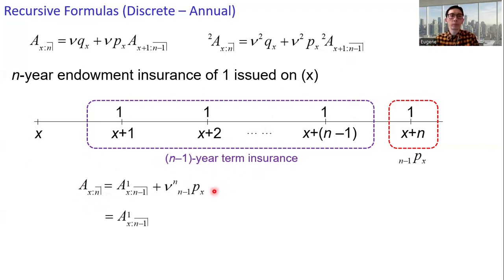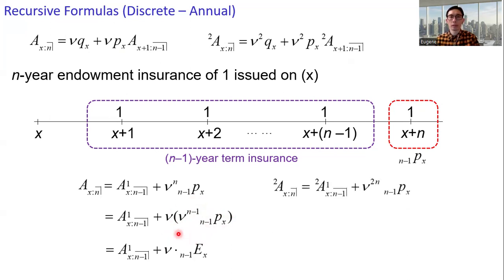For the second term, factor nu to the power n as nu times nu to the power n-1, and the expression in the bracket is the n-1 period endowment. The second moment, the second term here, we have nu to the power 2n times n-1 p x.